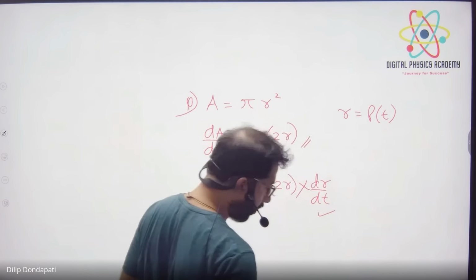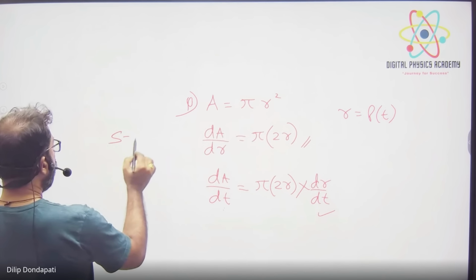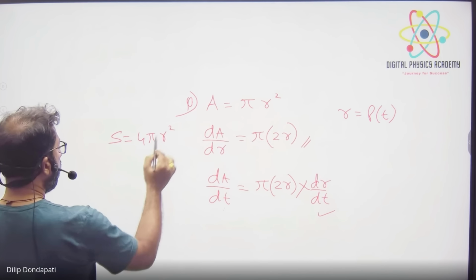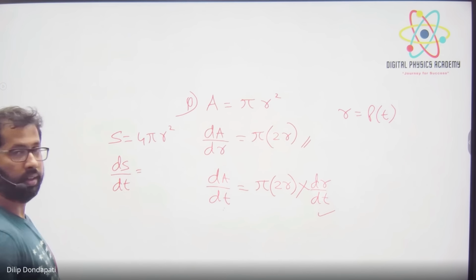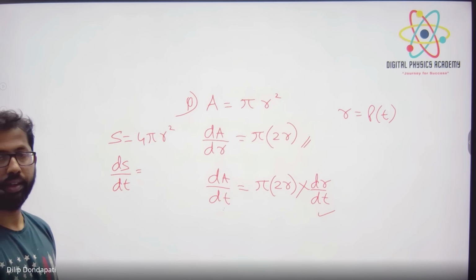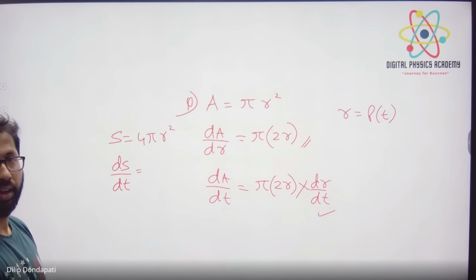Okay. Suppose s is equal to 4 pi r square. Tell me the value of ds by dt. We are doing with respect to t, ds by dt, not with respect to r.